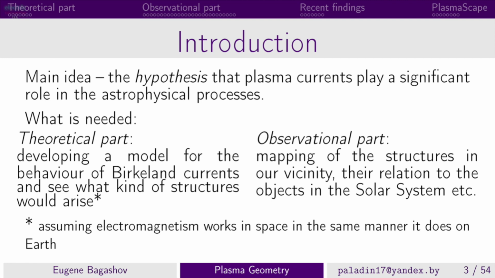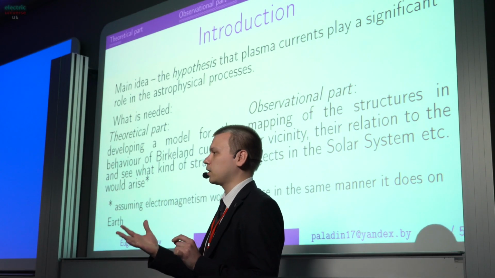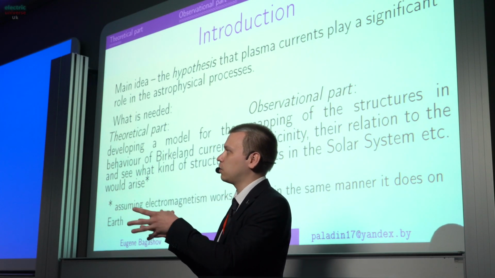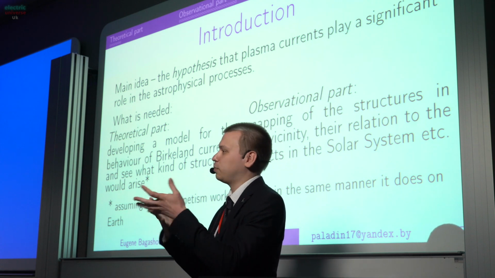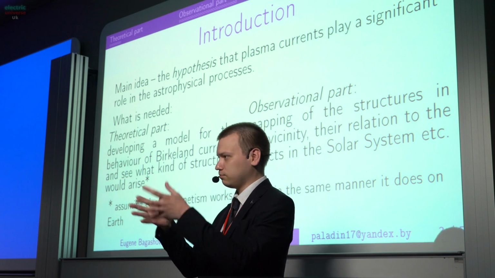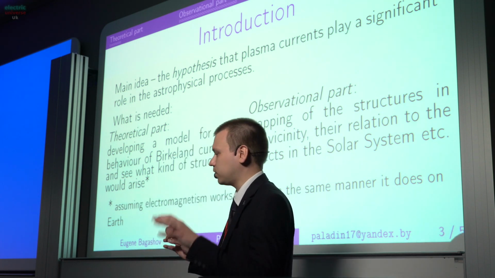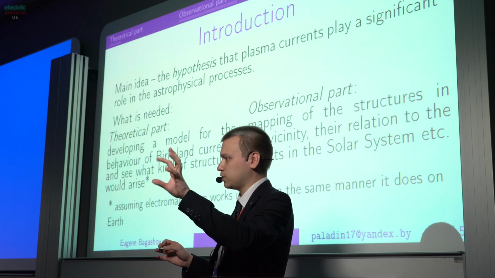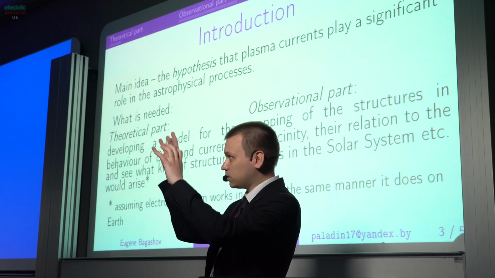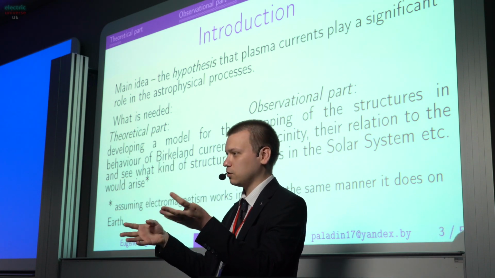We would have a theoretical task, which is to develop a model of how the plasma currents should behave theoretically, according to Maxwell's equations or some other type of physics that we would use. But we should also solve the observational problem at the same time, to try to identify in space the structures that might represent these plasma currents.